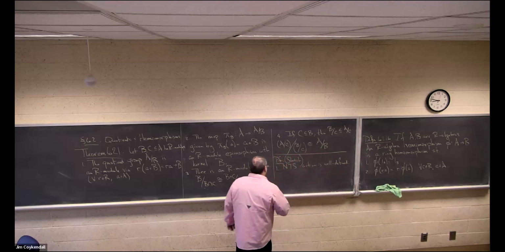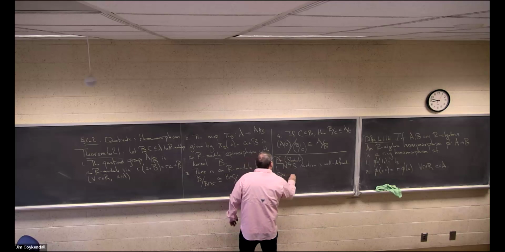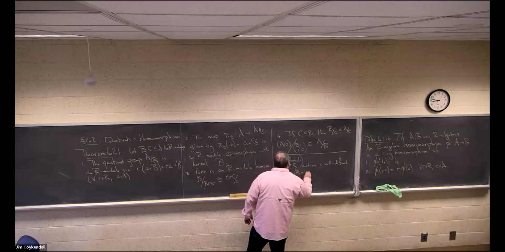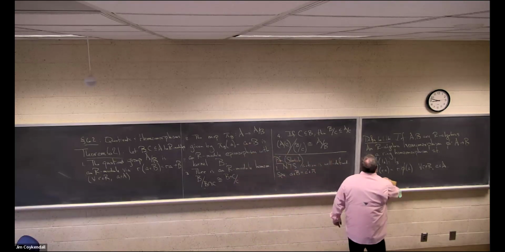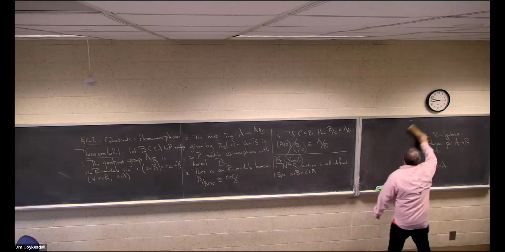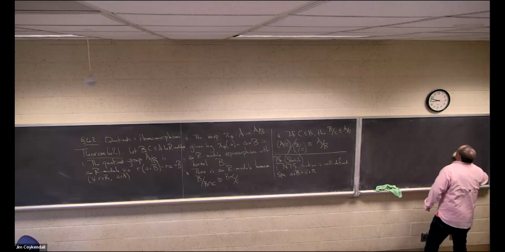So suppose a plus B equals a prime plus B. Right, so suppose that you have two different representatives, a and a prime, for the same coset, right?